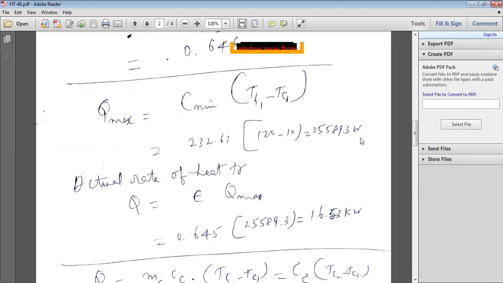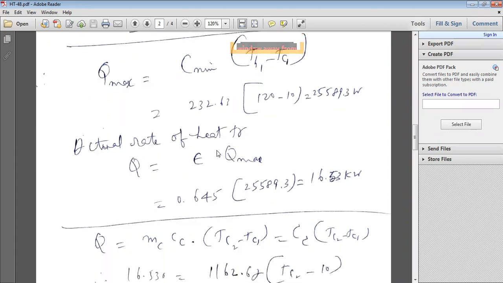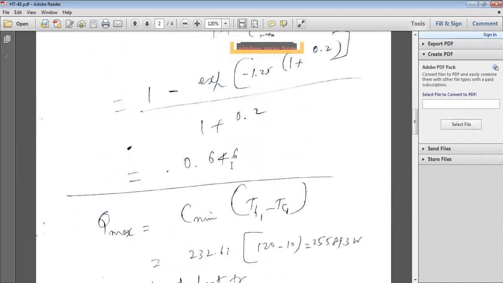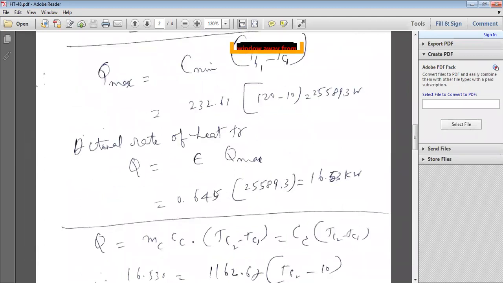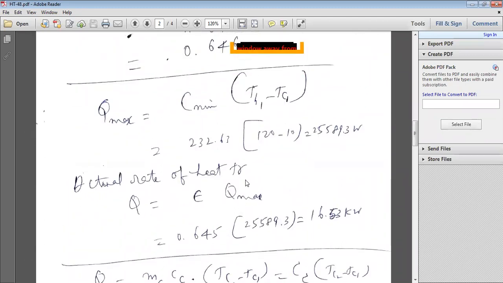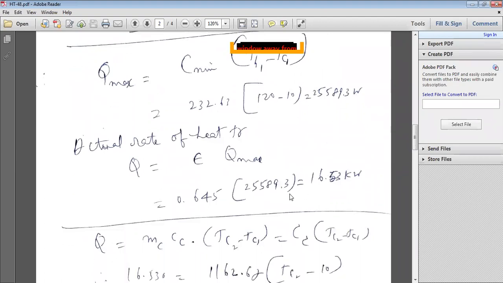Okay? So once you have the maximum heat transfer rate, calculate the actual rate of heat transfer from the effectiveness formula. Q actual is equal to effectiveness epsilon into Q max. The effectiveness is 0.646 into the Q max value of 25,589.3.